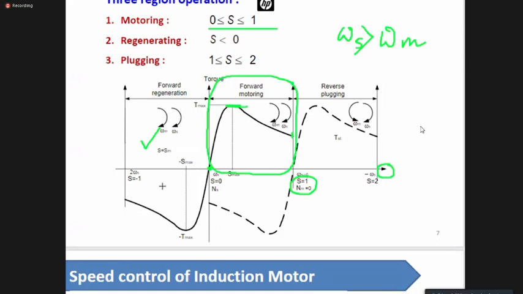So when it is behaving like a generator, what should happen to the value of its slip? By this time we know that this omega_m is now greater than omega_s. So when omega_m is greater than omega_s, obviously slip will be negative. So at this point we can say slip is negative.